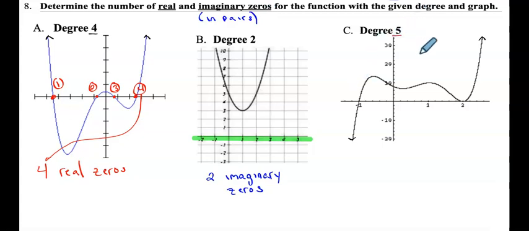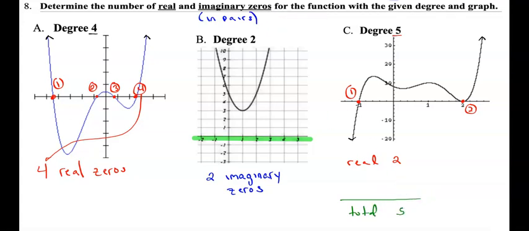Right? So degree 5, so there's got to be 5 zeros here. I see 1 across the x-axis, and I see 2 across the x-axis. So I see 2 real zeros here. So if there's 2 real zeros, okay, cool, then I needed to get a total of 5.